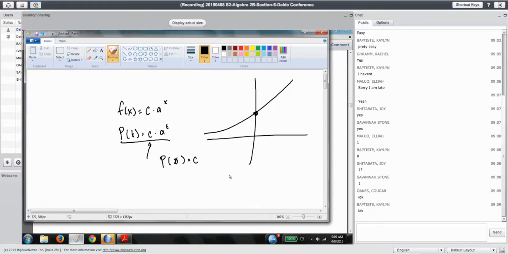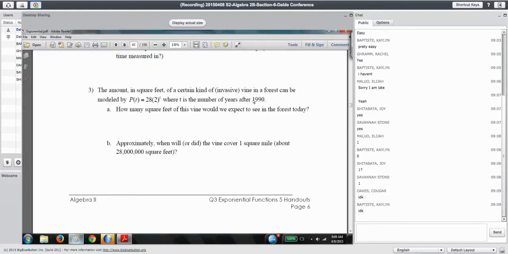What it represents is this. It's the population at time equals 0. So in this case, it's how much the vine was at the beginning of time, before I started the clock. Apparently, this was the square footage of the plant in 1990, a certain vine or something like that.